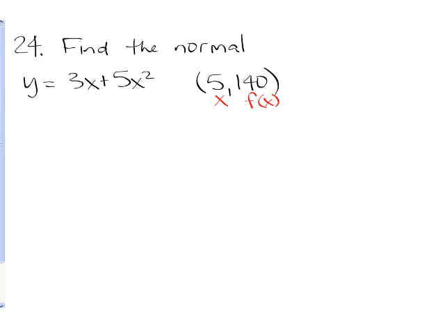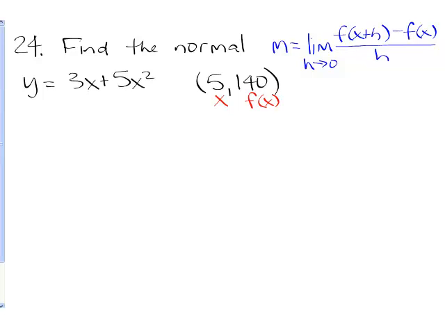What we have to do is find the slope of the line for 3x plus 5x squared. So the slope of this line is equal to the limit as h approaches 0 of f of x plus h minus f of x, all over h, okay?